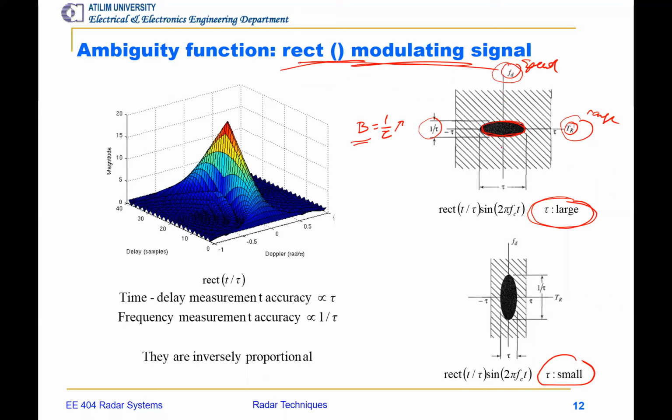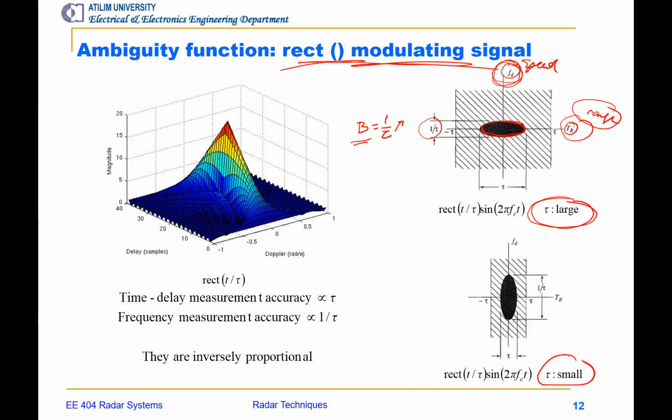The width of the ambiguity function increases over range and decreases over speed, which means that the speed can be measured more accurately compared with the range, because the wider the ambiguity function in an axis, the lower the accuracy in that axis.